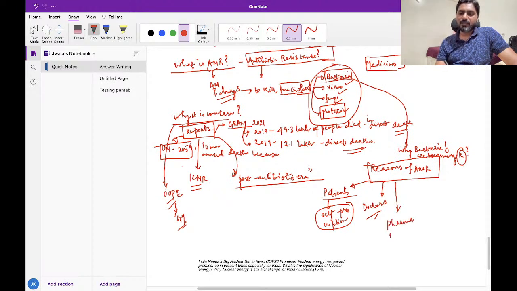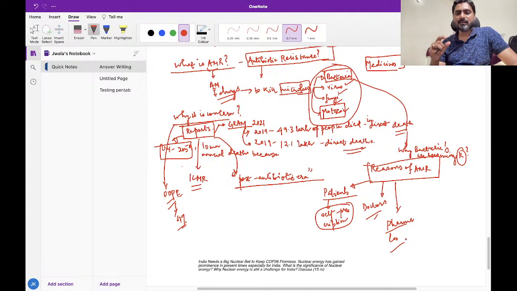Now pharma companies are also responsible, because they generally use these microbes to create some bioenzymes. These companies extract some enzymes from bacteria, virus, fungi, protozoa to make some medication or to make vaccines.